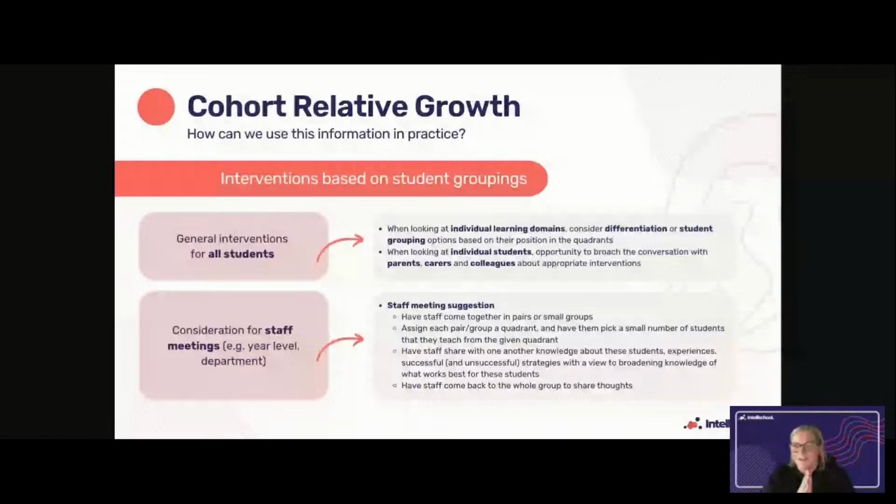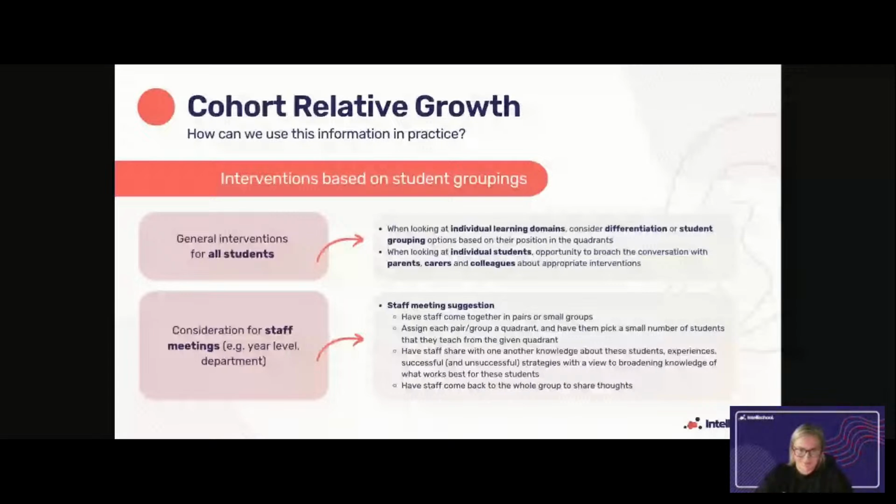We want the staff to be sharing with each other knowledge about the kids that they're looking at together, because it could be that there is some crossover with the students they teach, or it could be that they're completely different. We want to be sharing knowledge about the kids' experiences that have been both successful and unsuccessful in terms of strategies, with a view to broadening our view of what works best for these kids.